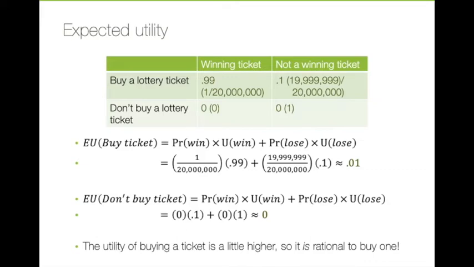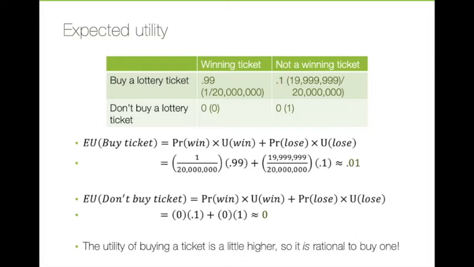outcome. Since each row captures the outcomes associated with a different choice, we can read across each row to get the values relevant to the expected utility of buying a ticket and then the expected utility of not buying a ticket.